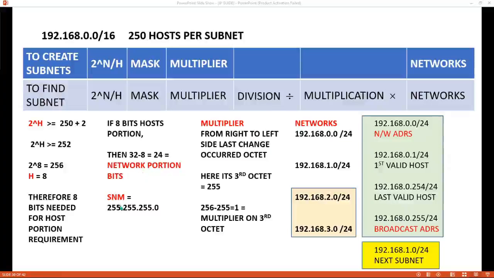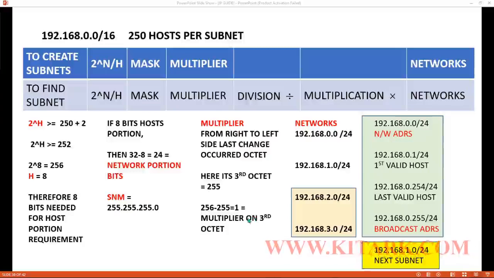So I can specify the subnet mask as 255.255.255.0, and then after writing the subnet mask, I can find the last changed position, which is the third octet, 255. So I can deduct it from 256. 256 minus 255 is 1, which is the multiplier on the third octet.